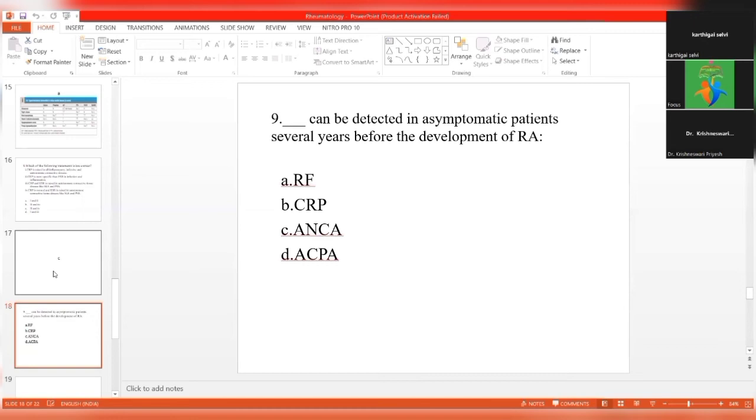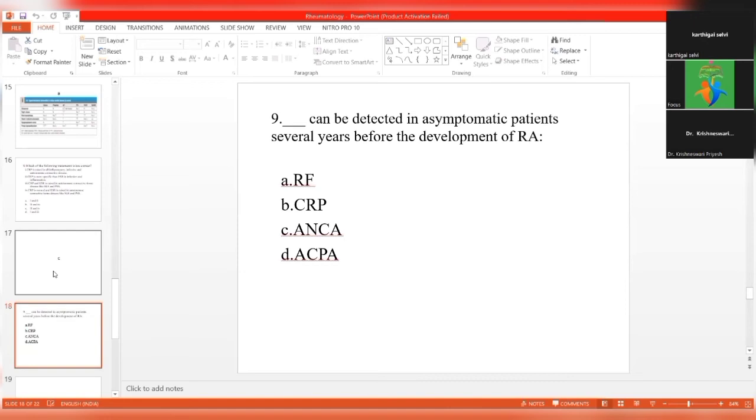ACPA is more specific in identifying RA for those who are prone to RA before the production of symptoms, before the patient knows that I am having some joint pain, some joint immobility, early morning stiffness, before the patient understands that I am going for RA, ACPA will be positive. You understand? So it is a good predictor of RA, and the answer is ACPA.